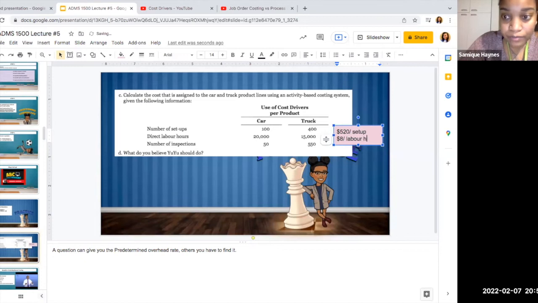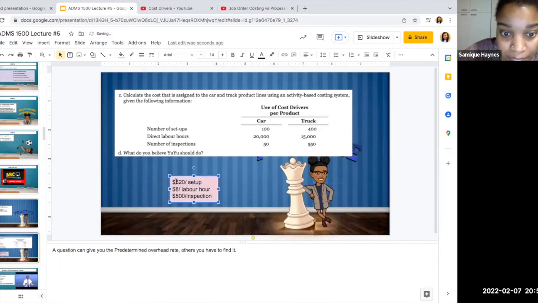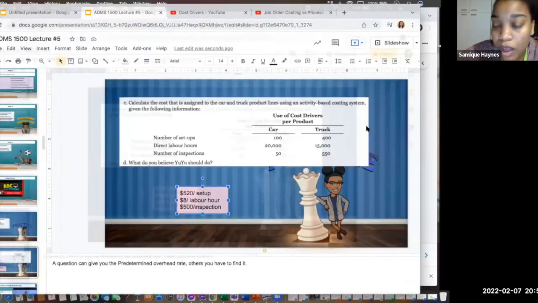And then we got $500 per inspection, okay? So we got the rates, right? And these are the different rates for each of our activities. So if we want to figure out how much of the, hold on, let me get the actual name of the cost pool.